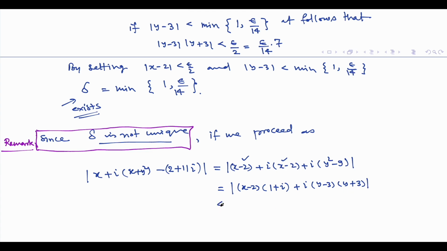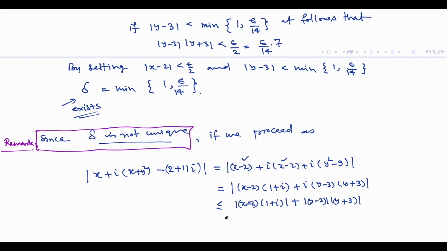And then by the triangular inequality, this is less than or equal to |x minus 2| times |1 plus i| plus |y minus 3| and |y plus 3|, right?